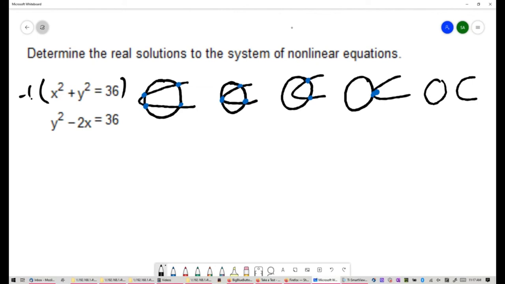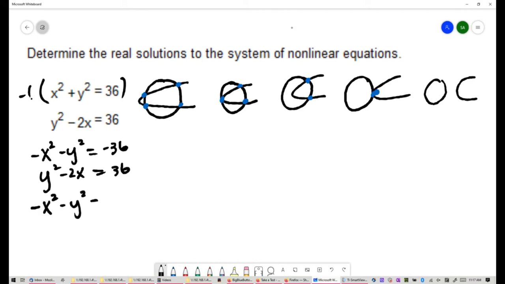And that would give negative x squared minus y squared equals -36. And the second equation is y squared minus 2x equals 36. I'm going to rearrange my terms so that the x's and the y's are lined up properly. And that would be negative x squared minus y squared equals -36.